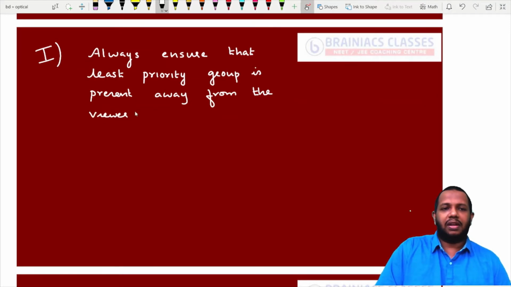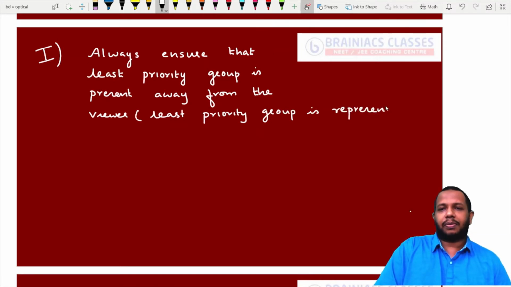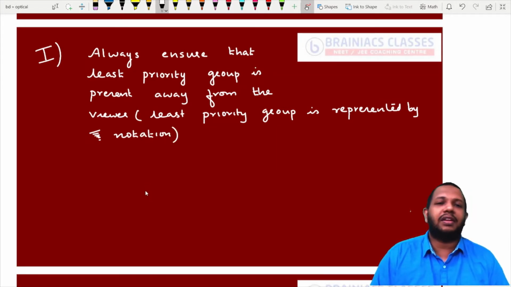What does that mean? Away from the viewer means the least priority group is represented by dash notation. Now I will explain how you need to assign priority.